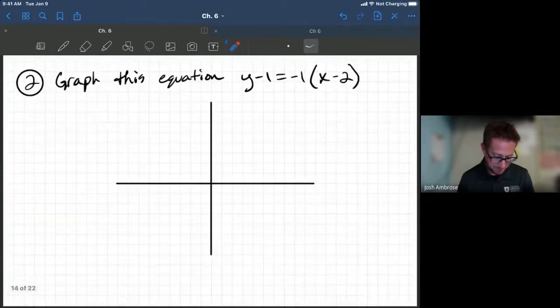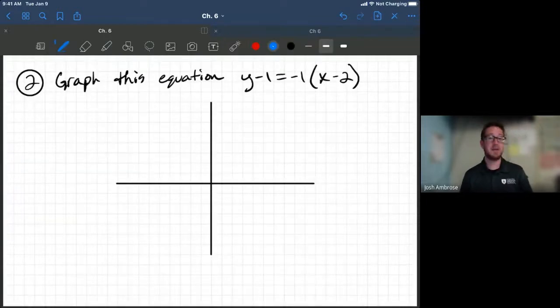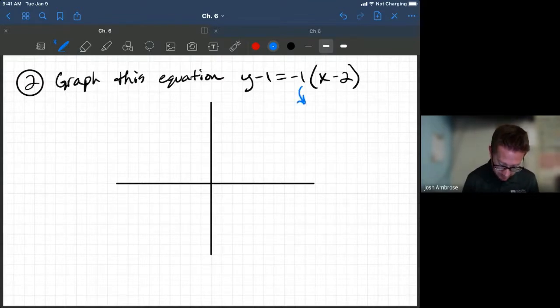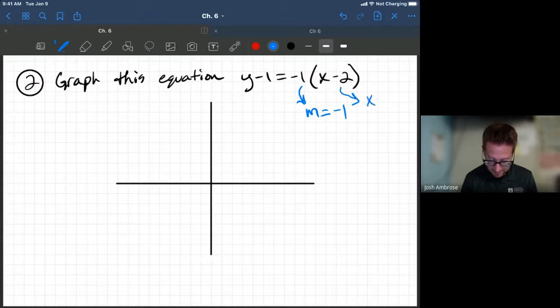Example 2. Now we have to graph it, but we are given the point slope equation. So this value right here is my slope. So m is -1. Now this right here is my x value. X equals 2. Now why is it that x equals 2 when in the equation it says -2?